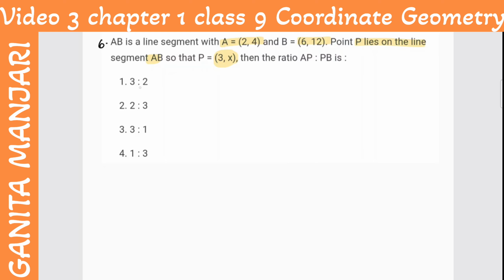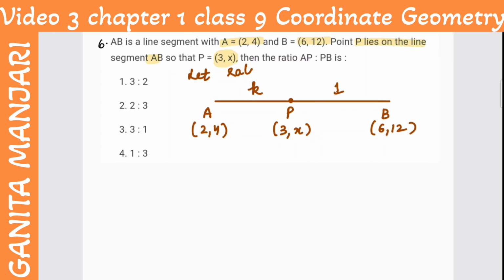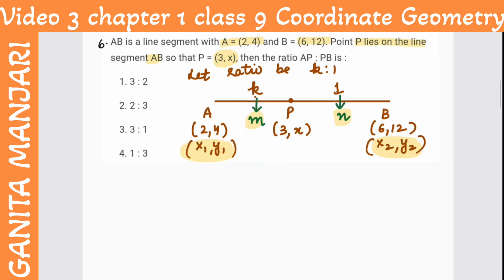Let the ratio be K:1. Now this is x1, y1. B is x2, y2. K is M and this is N. So we have x1, y1, x2, y2 and M, N as the values given.